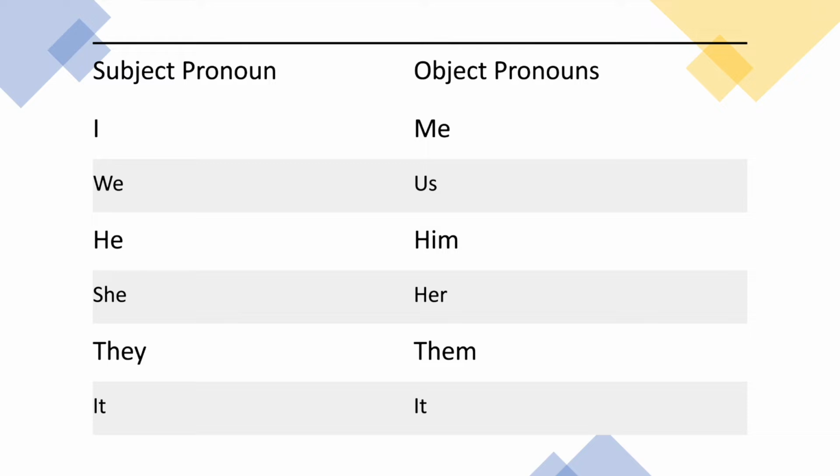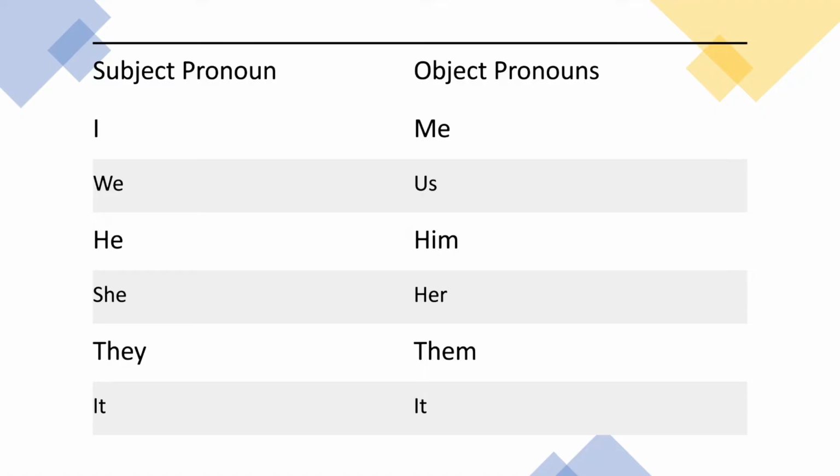I, me, we, us, he, him, she, her, they, them, it. So when I is the subject, meaning it is the doer of the action, the object is me. We'll see these in examples in just a minute.